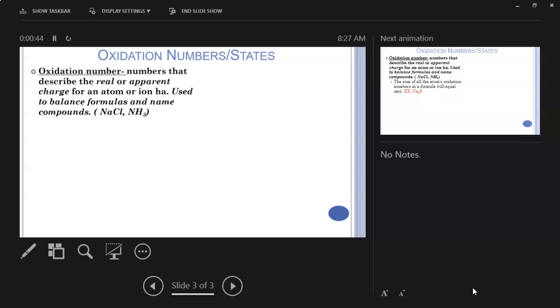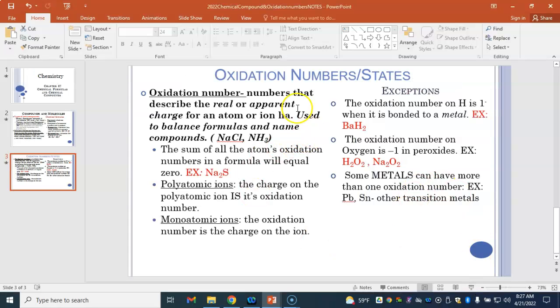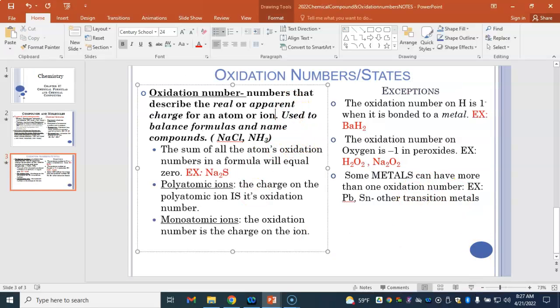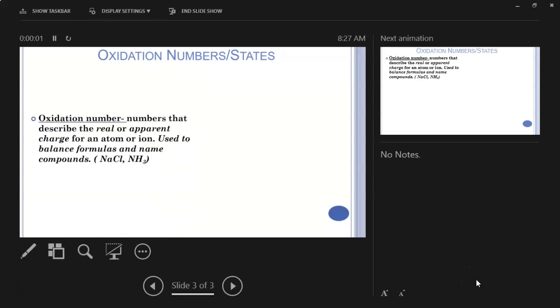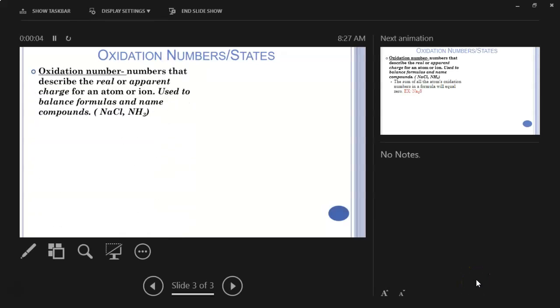Oxidation numbers are numbers that describe the real or apparent charge for an atom or ion.